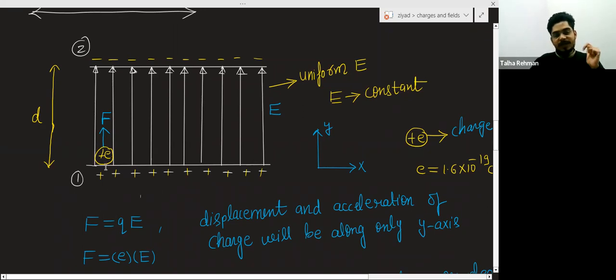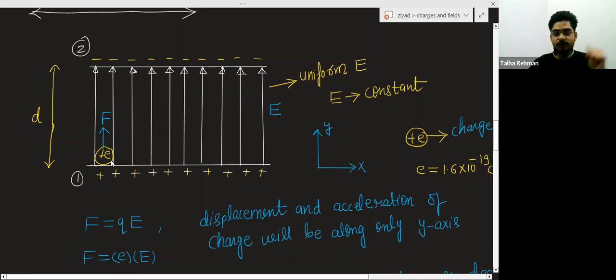You have put a charge on plate number 1, and the distance between these two plates is D, that is given. You want to find in how much time this charge will move from plate 1 to plate 2, or whether it will move from plate 1 to 2 or not.